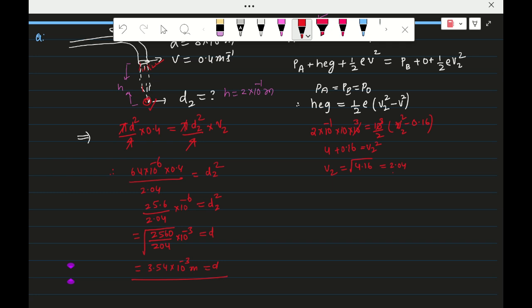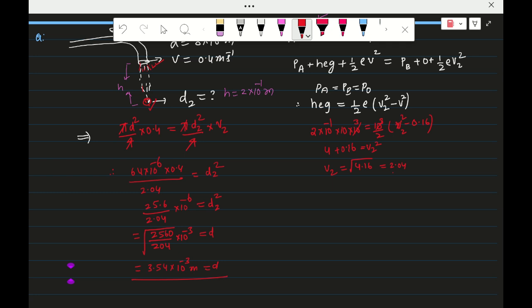So now here A1, V1, and here A2, V2. A means pi d square by 4. After substituting the values, A1 V1 equals A2 V2. Finally, you get the V2 value.